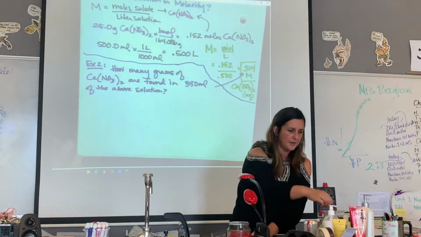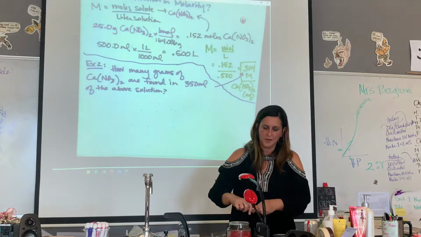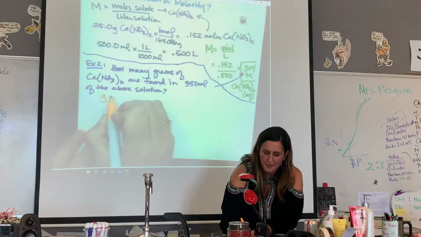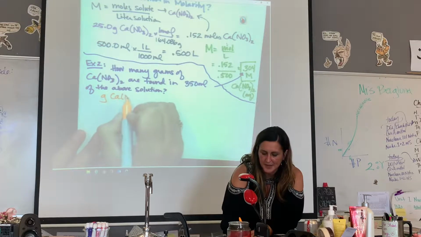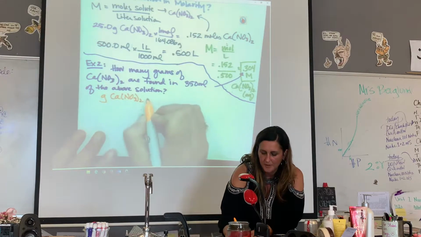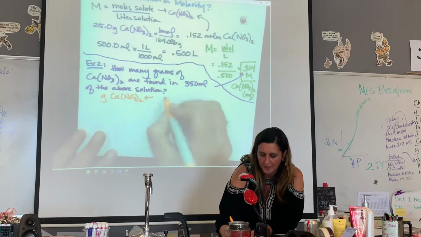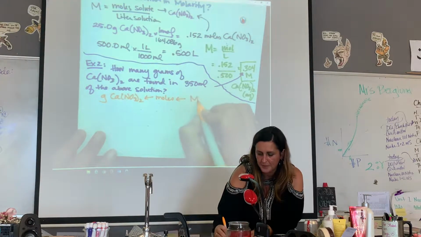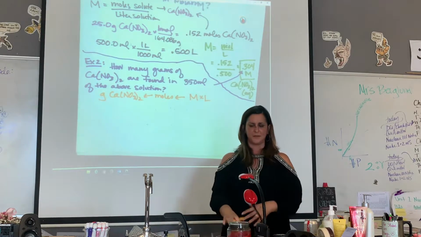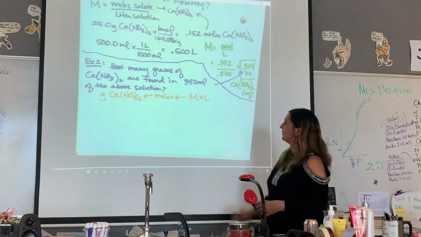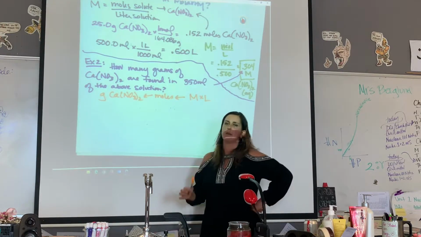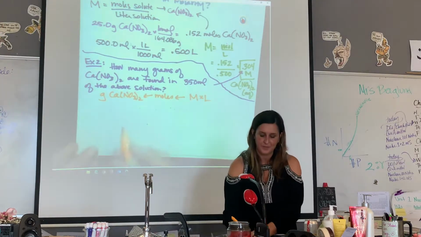Just a big picture here. If we want grams of the calcium nitrate, we first have to go by way of moles. And the moles come from the molarity times the liters. I kind of said that backwards, but hopefully you get the idea. We're going to do molarity times liters first, get to moles, and then go from moles to grams.